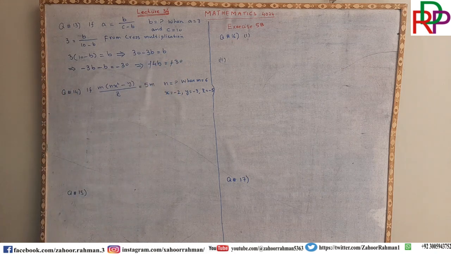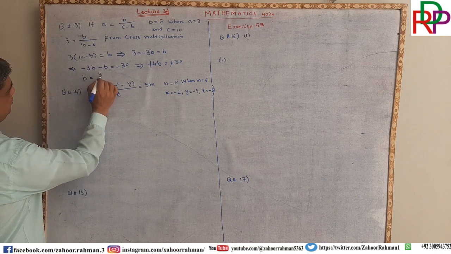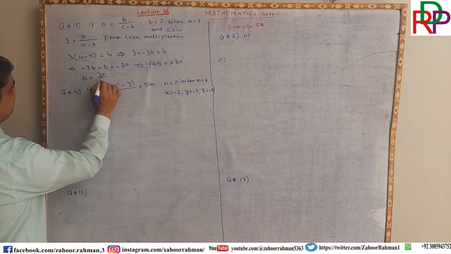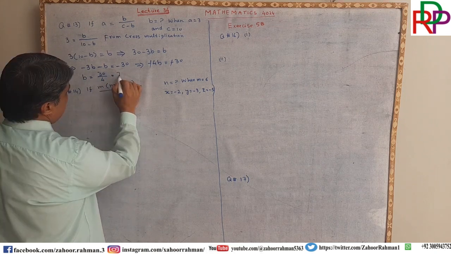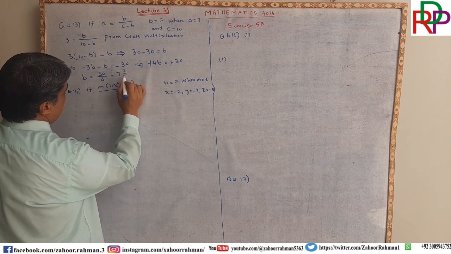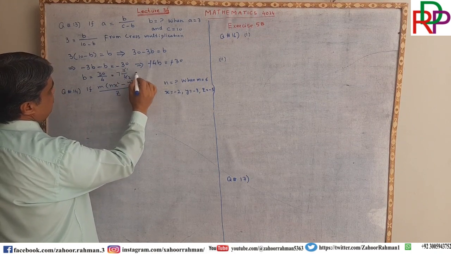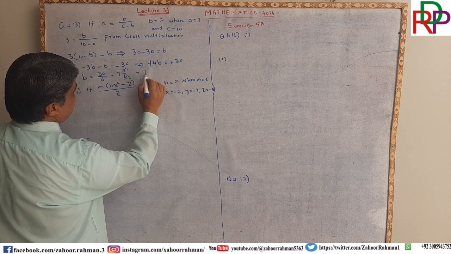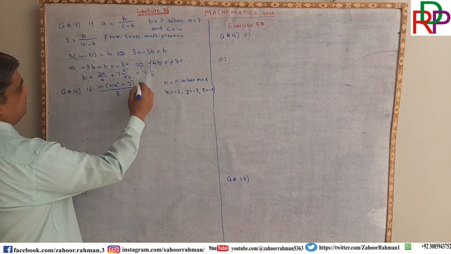Minus 30 will be cancelled with this and B is equal to 30 divided by 4. 30 divided by 4 means 7 whole 2 over 4, which is 2 ones are 2 and 2 twos are 4. So 7 whole 1 over 2 is the answer.